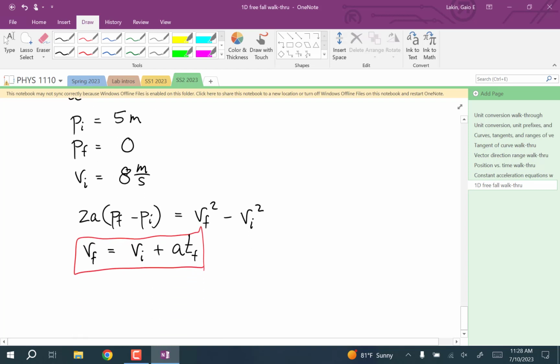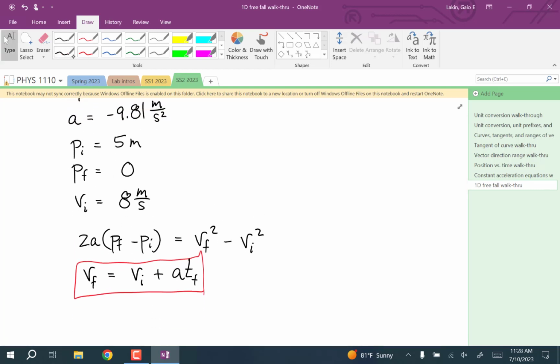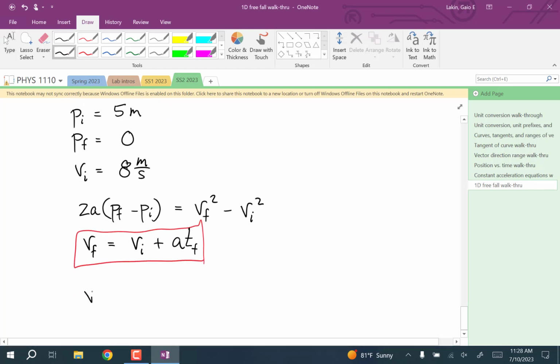Okay, so let's plug these values in. So V final is equal to 8 meters per second plus negative 9.81, so I'll say that is minus 9.81 meters per second squared, times the time final that we just calculated, which was 2.11 seconds.